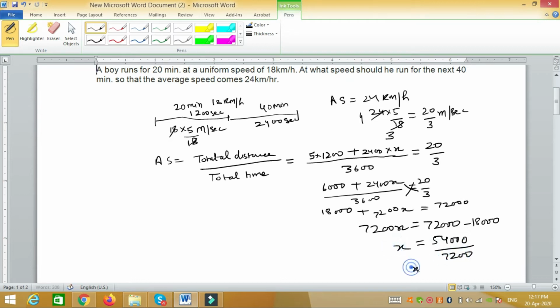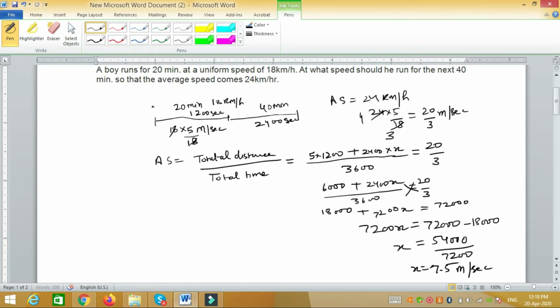So this will give you your x, which comes out to be 7.5 meter per second. That is the speed at which he runs for another 40 minutes.